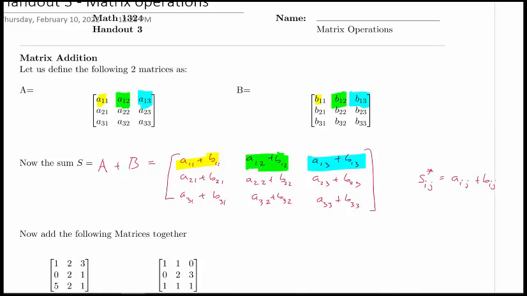For instance, all this is saying is that, just a random one, S23 equals A23 plus B23, right? Just that element. So that is a shorthand we can use to describe what is going on in the matrix. Again, ij is the ith row and the jth column.